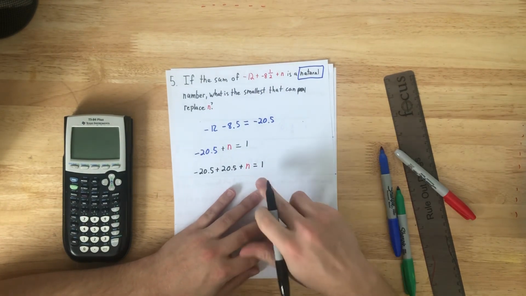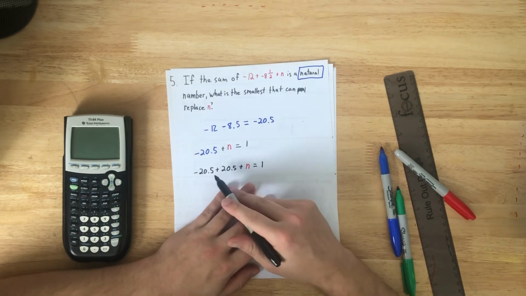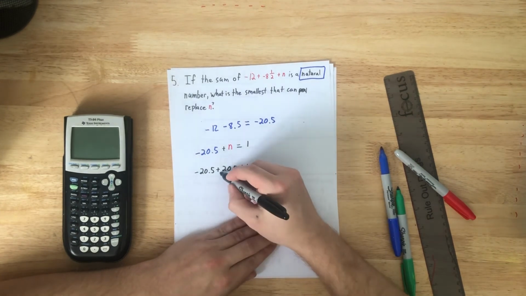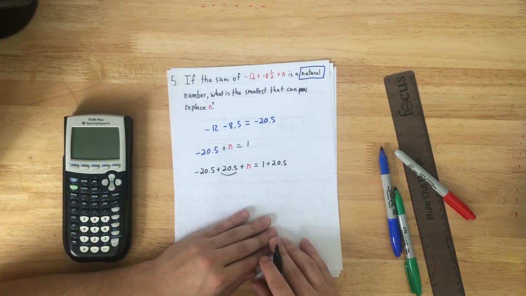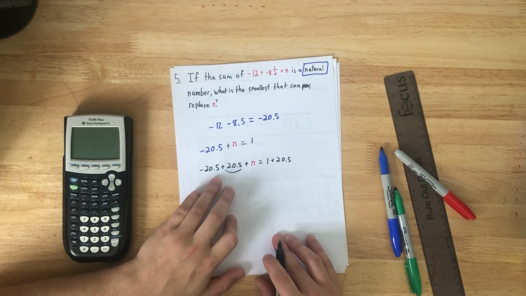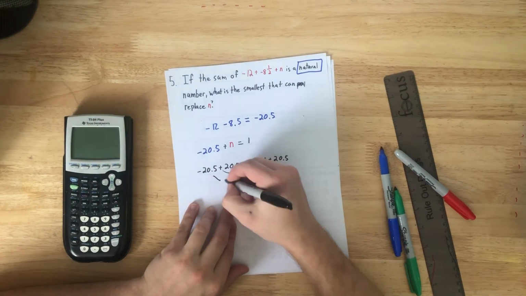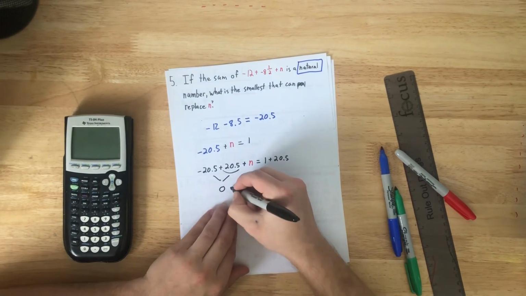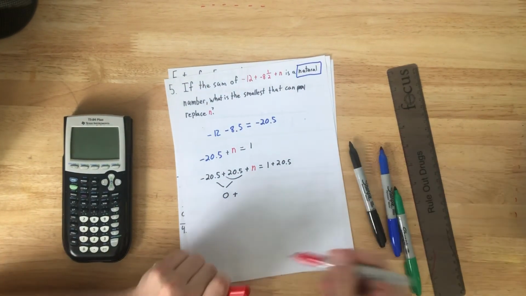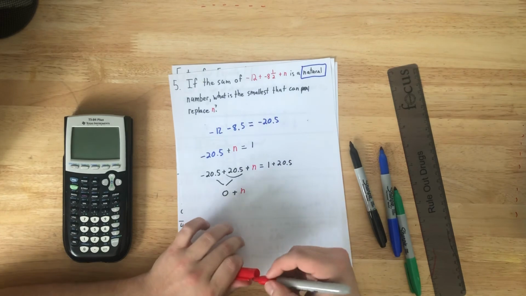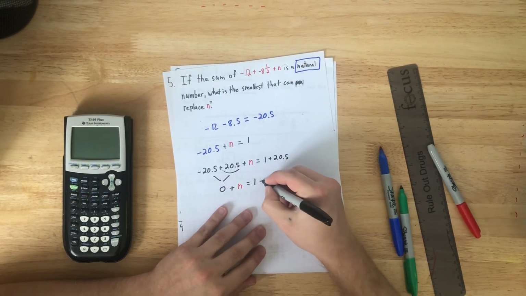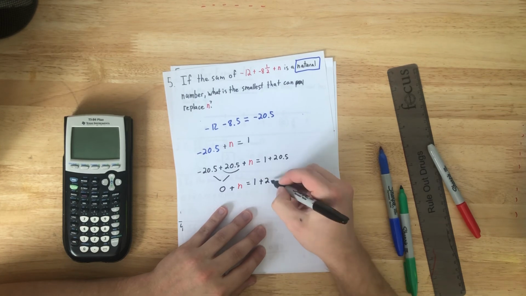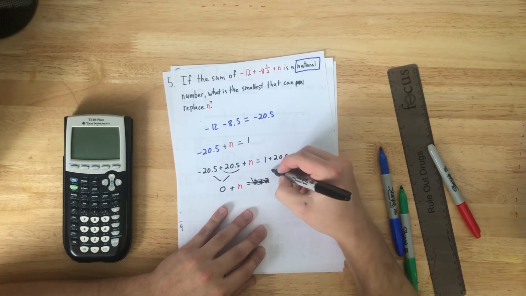Now I need to equate both sides, so because I've added this, I need to add it on this side as well. So now we do the math: negative 20.5 plus 20.5 is 0, plus n equals 1 plus 20.5.